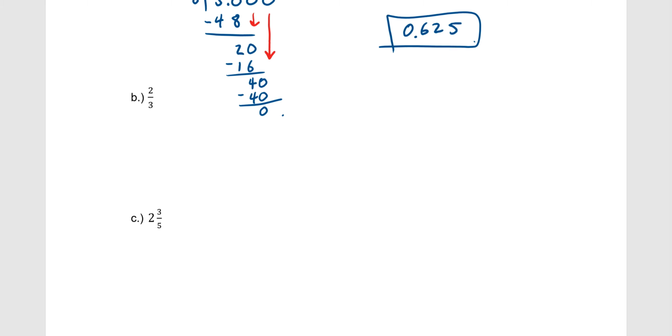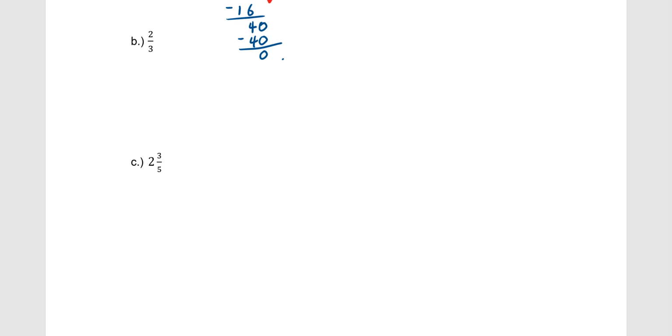Okay, and then for the next one we have 2/3. So 2/3, once again, we have to divide. So it's going to be 2 divided by 3. And once again, 3 does not go into 2, so we're going to put 0.0. And we're going to put a point here, put a 0 in front of it to draw attention to it.